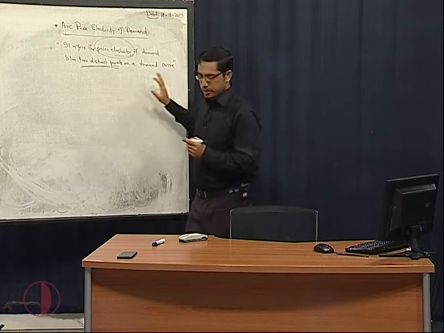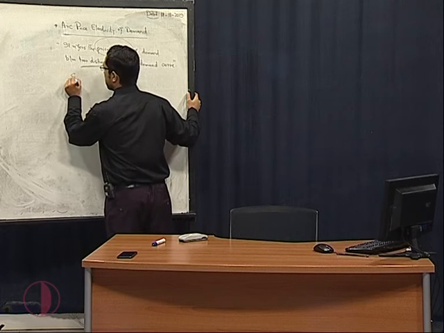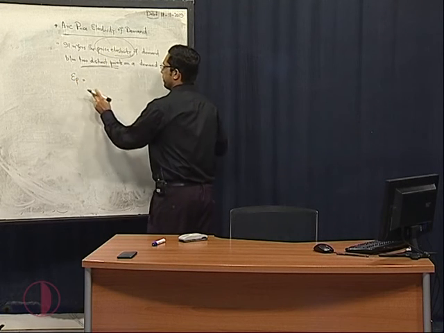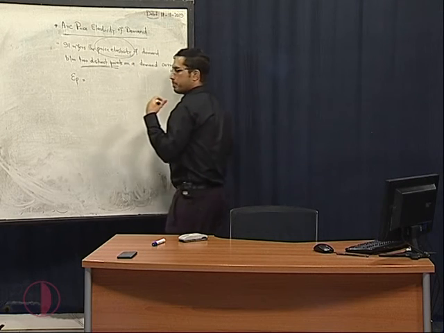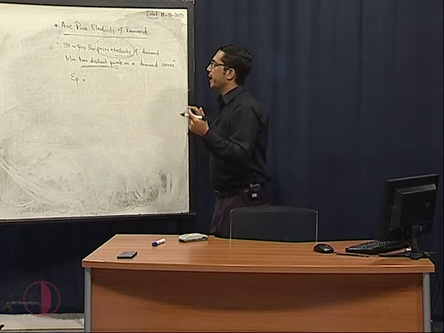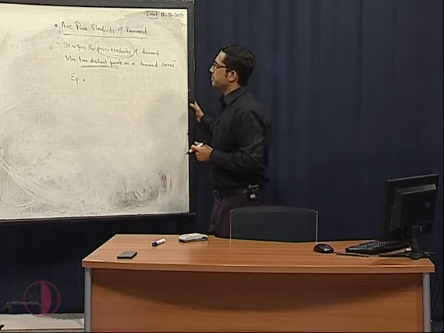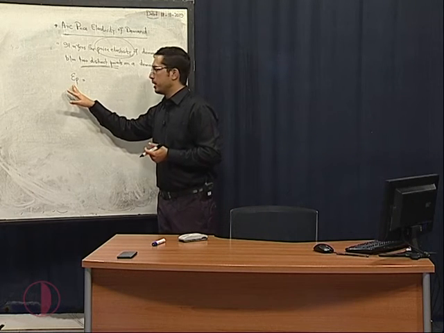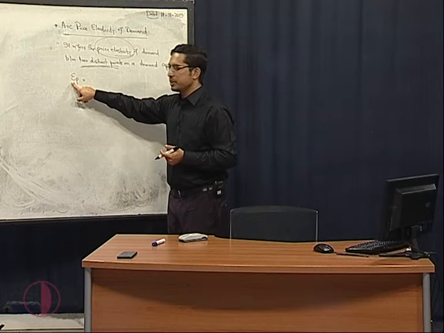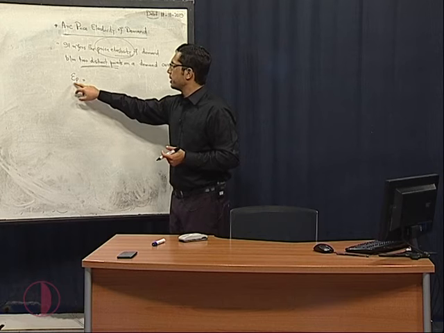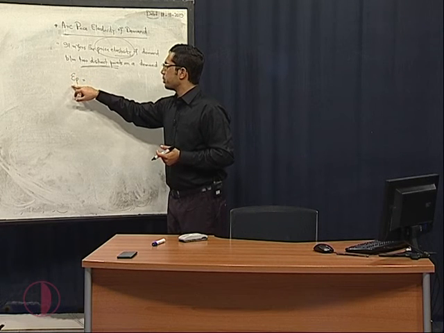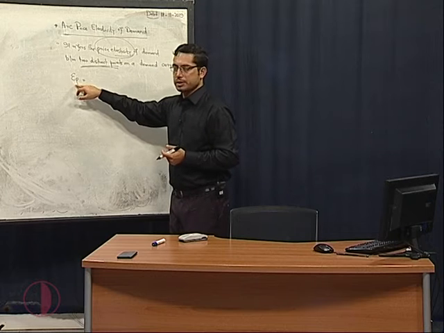So, let me write the original formula. This is the symbol for the price elasticity of demand. For the point price elasticity of demand as well as for the arc price elasticity of demand, we are using the same symbol. P denotes the price and this symbol denotes the elasticity.